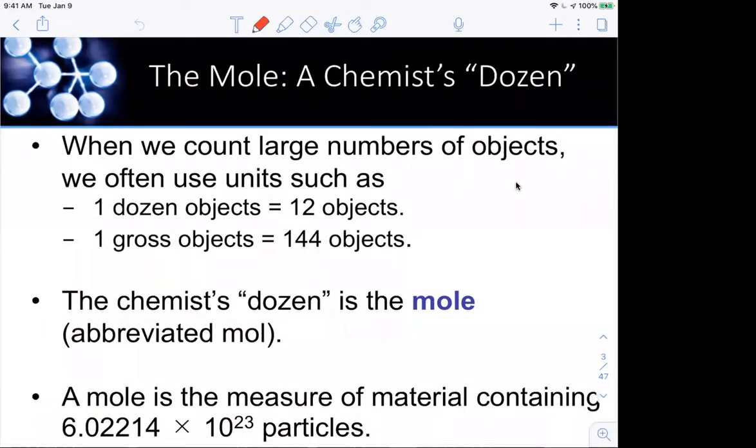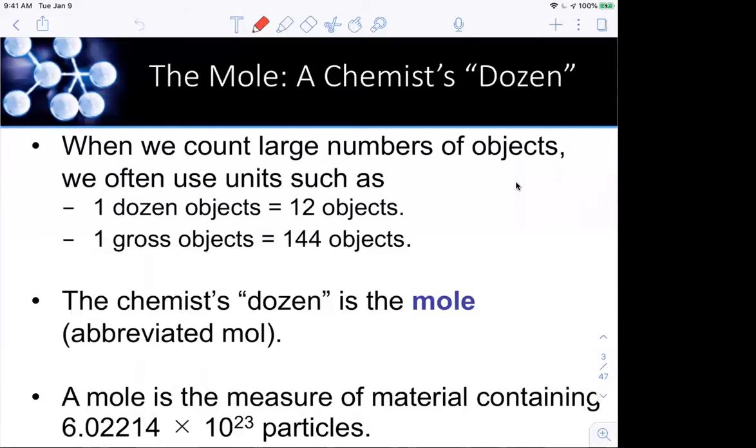So the mole is really a chemist's dozen. We're used to describing larger numbers of objects with specific units. We know that 1 dozen objects is equal to 12 objects. When you go to the grocery store, you'll write on your list, get a dozen eggs. You don't write on your list, get 12 eggs, right?